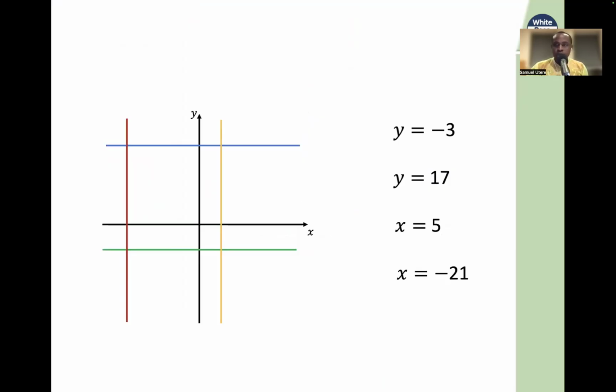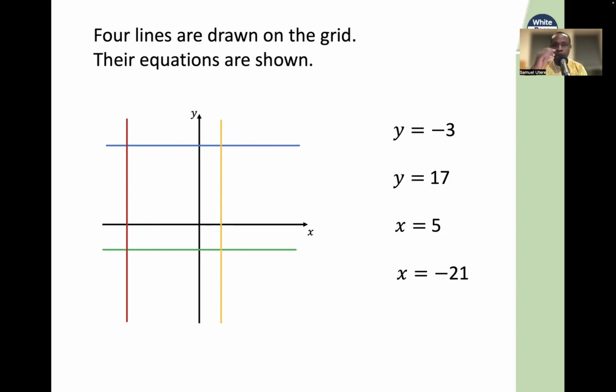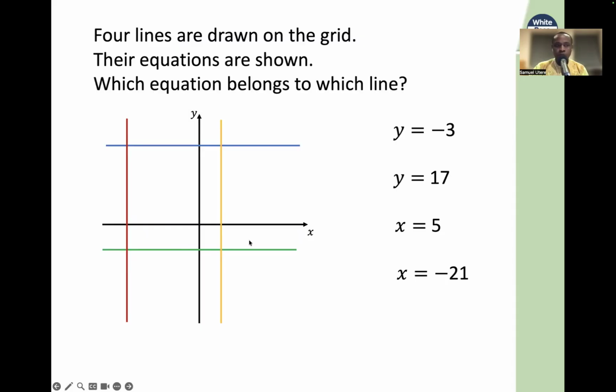Okay, let's look at the second part of our learning. If you're given these lines and you're asked to match them, what do you think? Well, these are equations of the lines. What do you notice about the quadrants? If we start here, we ask which equations belong to which line.